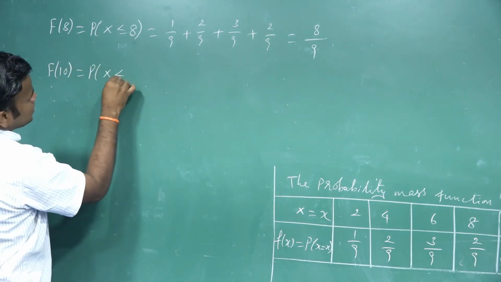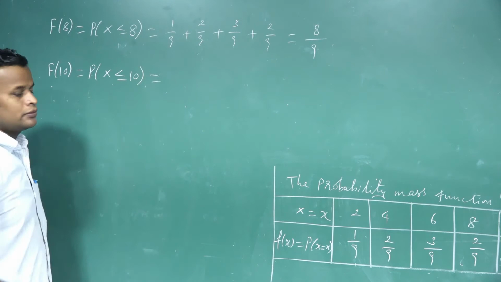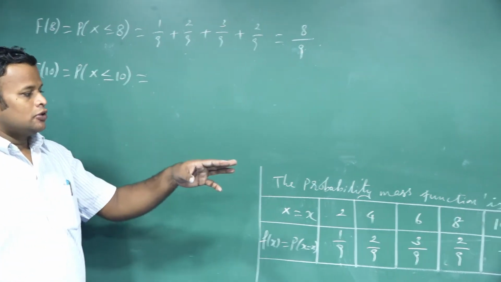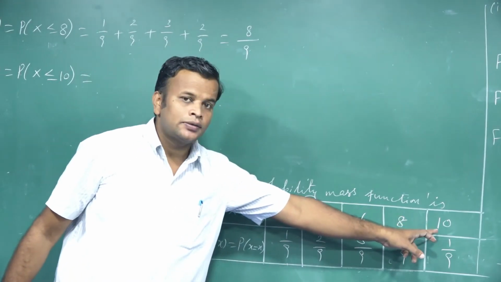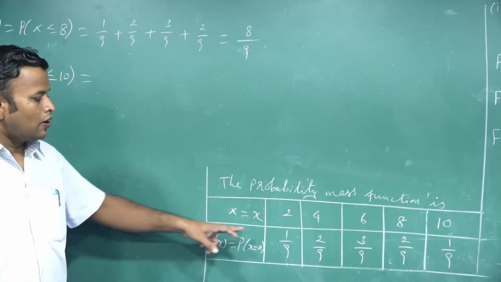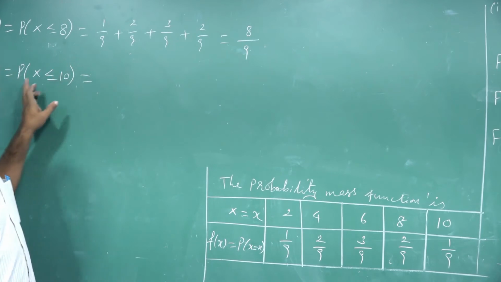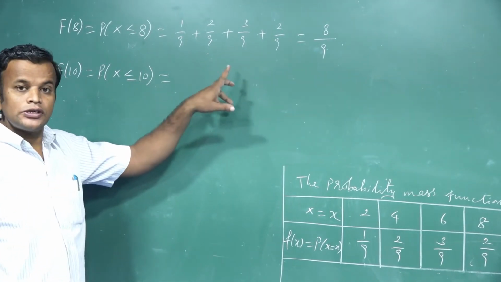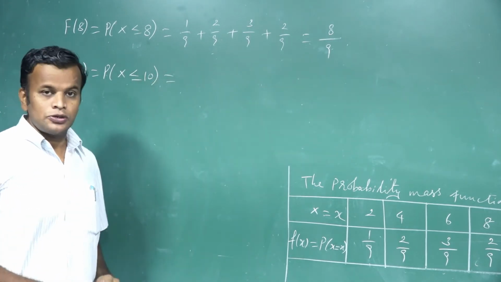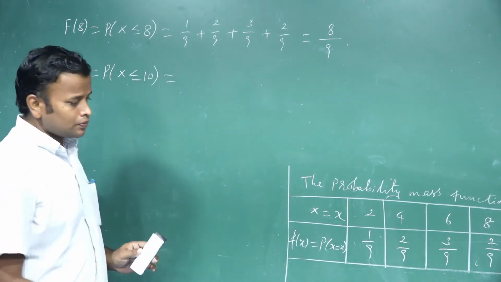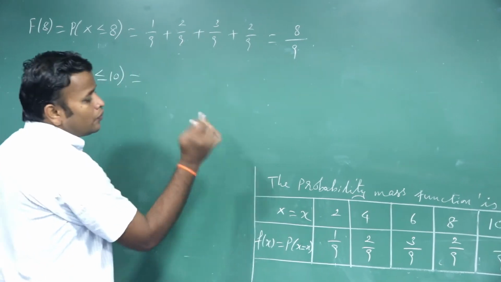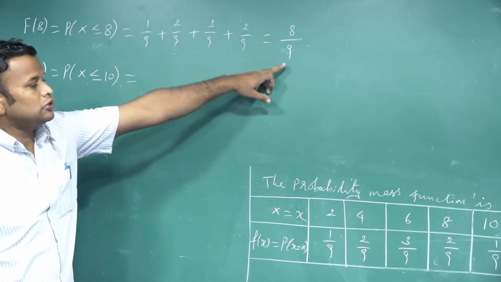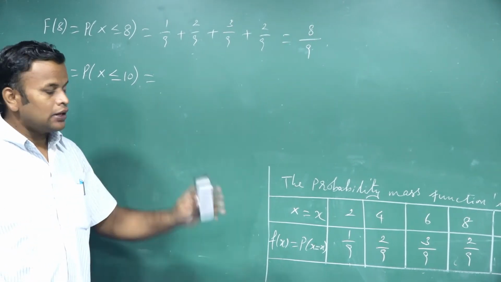The last value is f of 10. P of x is less than or equal to 10. So the value of x may be 10 or less than 10. The last value of x is 10, so we add all the probability values. Actually we write P of x is equal to 2 plus P of x is equal to 4 plus P of x is equal to 6, up to P of x is equal to 8. If you see the previous one, that value is 8 by 9.